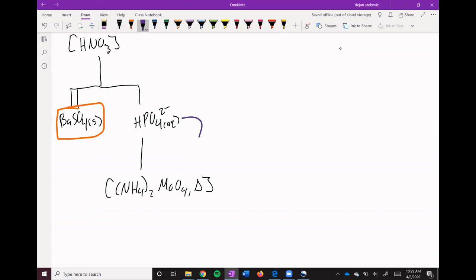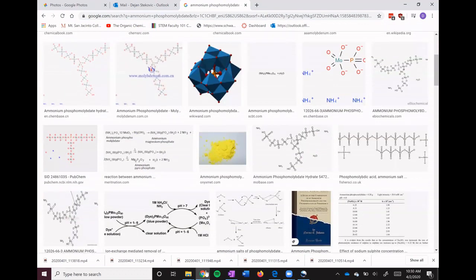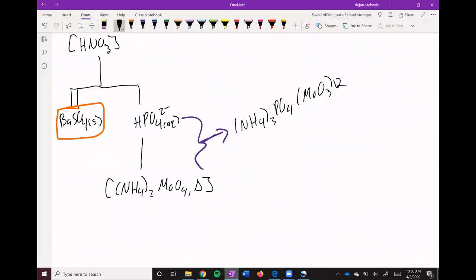And so when you combine these two and heat them, what you'll form is ammonium phosphomolybdate, which has this formula right there. And so if you go ahead, Google that, you can take a look at kind of what it structurally looks like. And then you can also see here that it's a yellow color, and it's a yellow precipitate in our case in the solution.